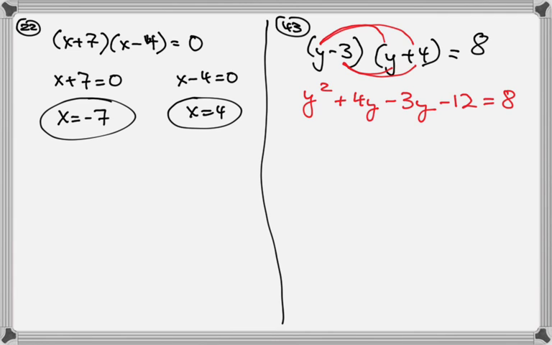Now we're going to combine like terms and bring the 8 to the other side. y squared, 4 minus 3 is plus 1y, and if we subtract another 8 from negative 12, we get negative 20 equals 0. And only now we can factor.